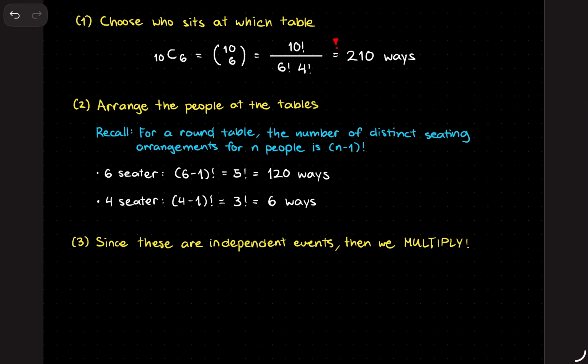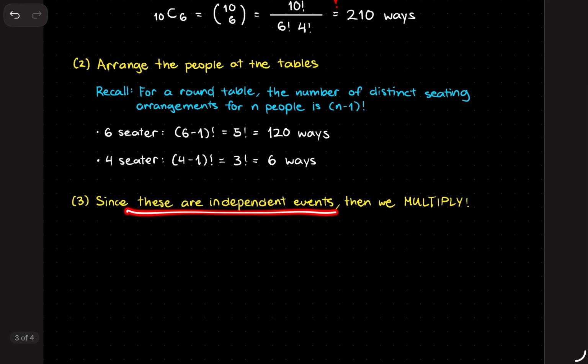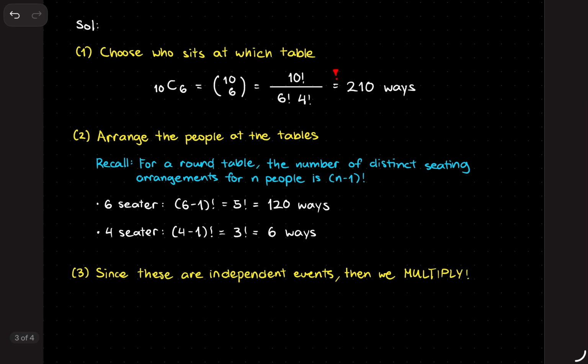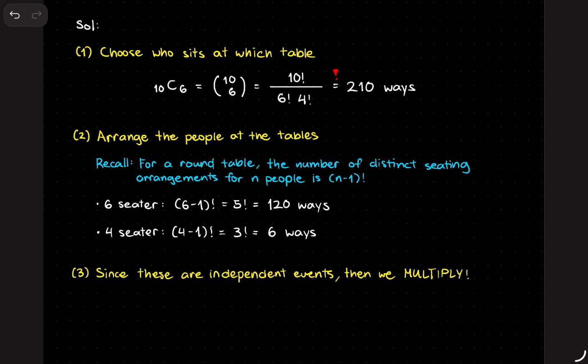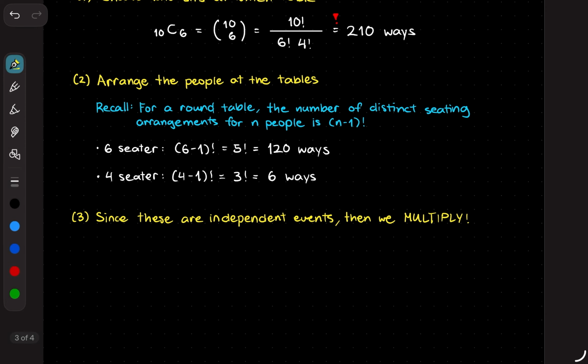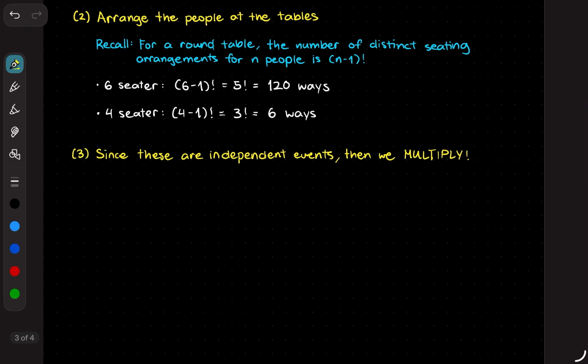So again, the idea here is that if these things are independent or they are connected by the word and, so this event happens and then this event happens, then what we do is we multiply all the number of ways. So we choose who sits at which table, and then we choose to arrange the people at the tables.